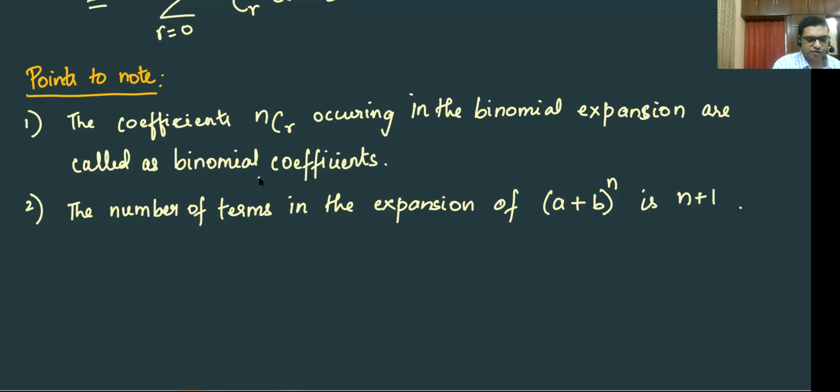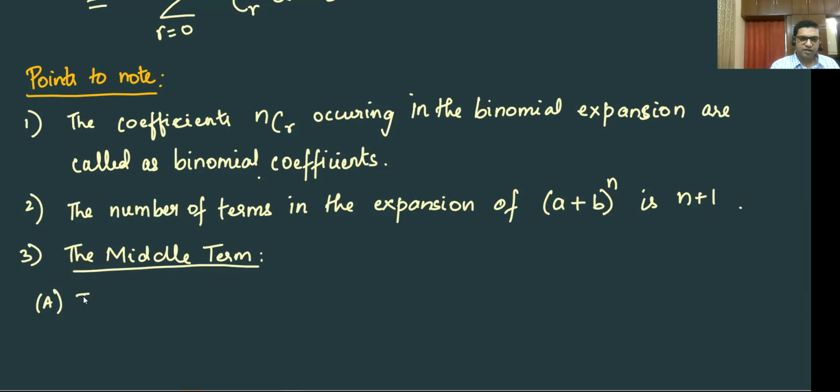The properties with these coefficients, we'll derive that, but first we'll write this. Now, the middle term. If n is even, then there is only one middle term.